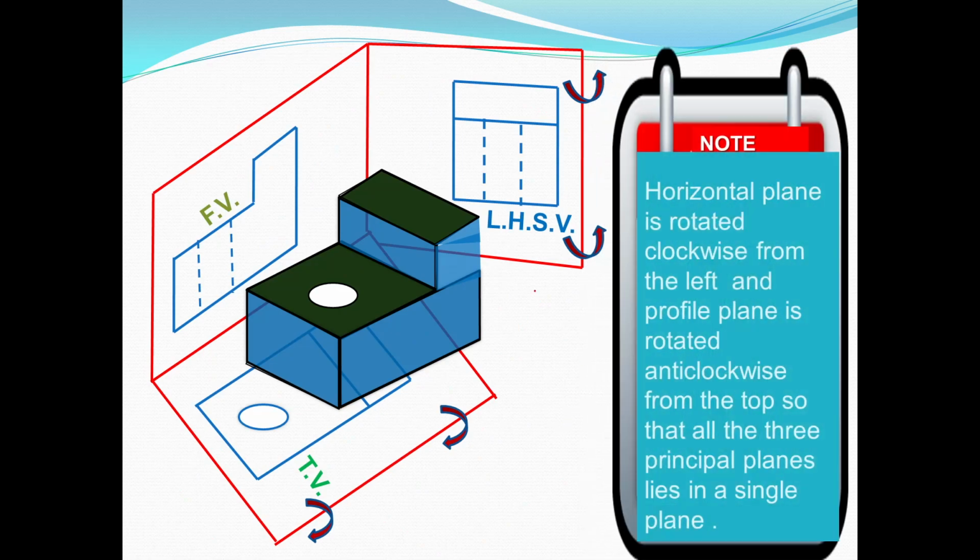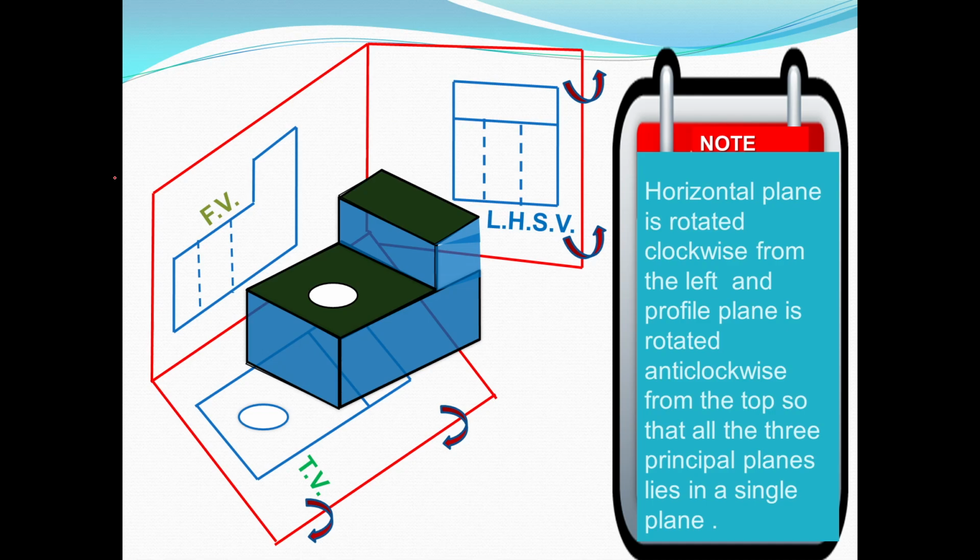So now we have to draw these views on a single plane. For that purpose the horizontal plane will rotate in the clockwise direction. This horizontal plane on which we got the top view rotates clockwise. The left hand side view plane, that is the RPP plane, will rotate in the anti-clockwise direction.